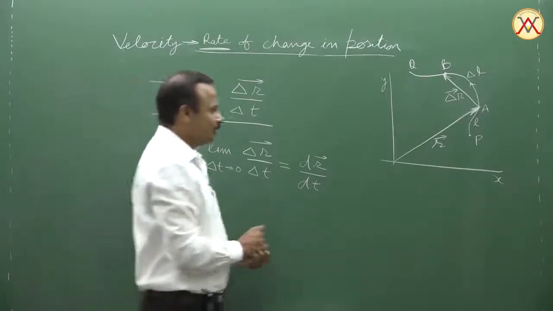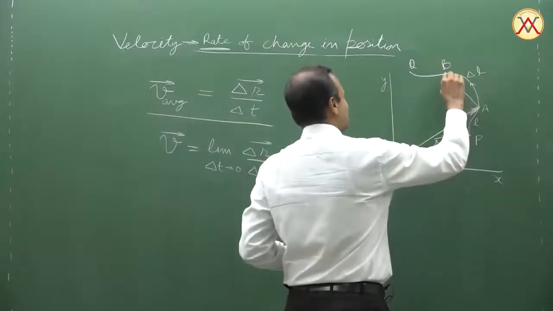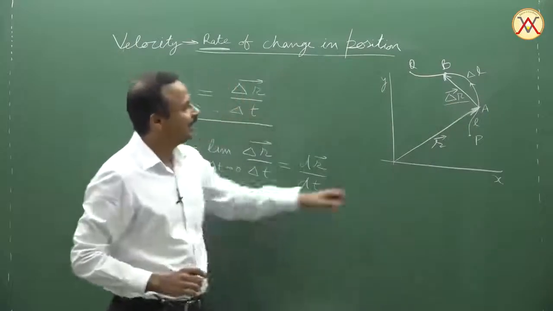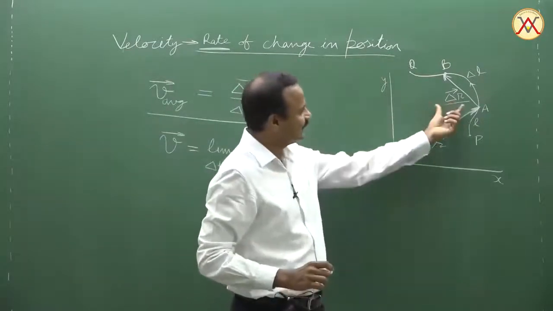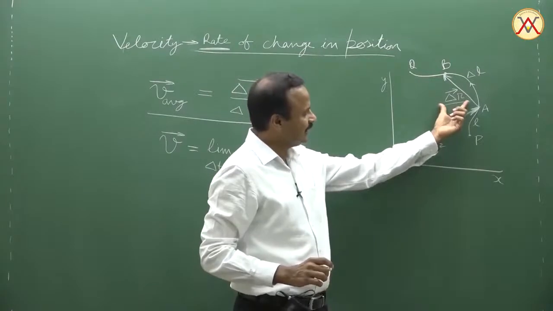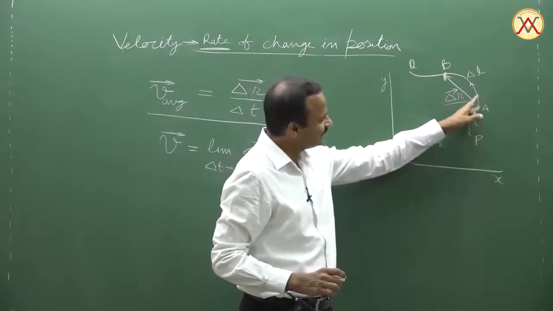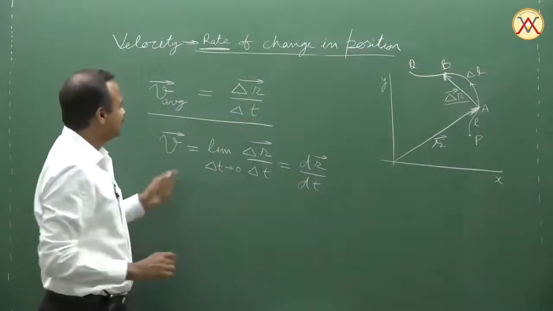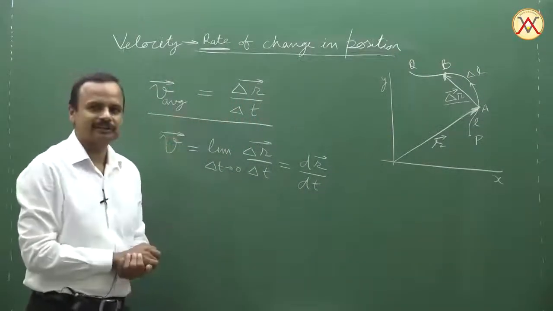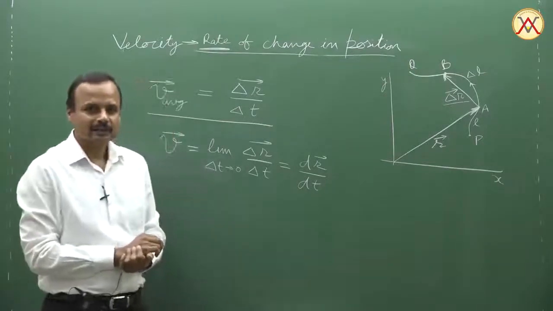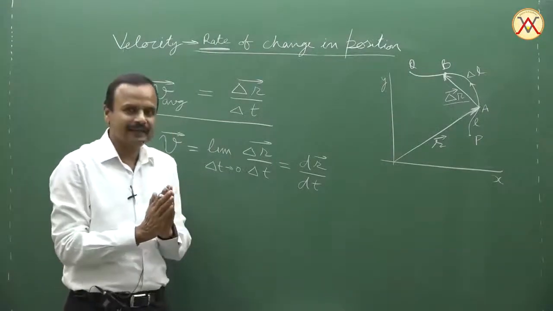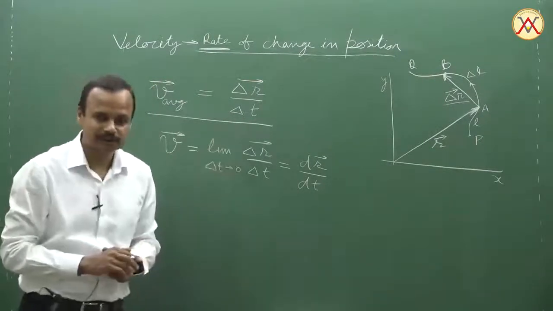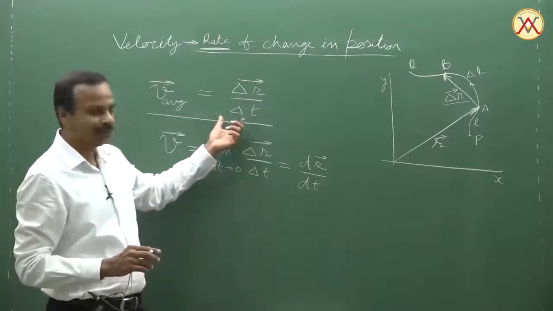Now, if we look at the average velocity from A to B, this is the displacement vector delta r, and you can notice that the displacement vector delta r has a magnitude less than the distance travelled delta L here. So, the magnitude of this average velocity vector is not same as the speed of the vehicle or the average speed of the vehicle for this duration. This is in fact less.